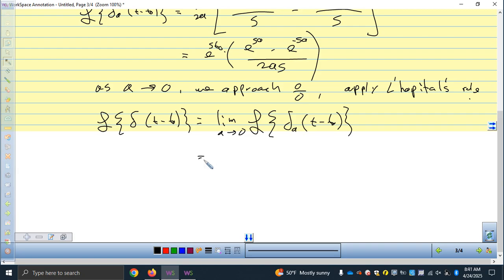So that's going to be e to the minus s t0, limit as a approaches 0. I'm going to apply L'Hopital's rule to this right away. We know this is an indeterminate form. So we get s e to the as plus s e to the minus as over 2s.